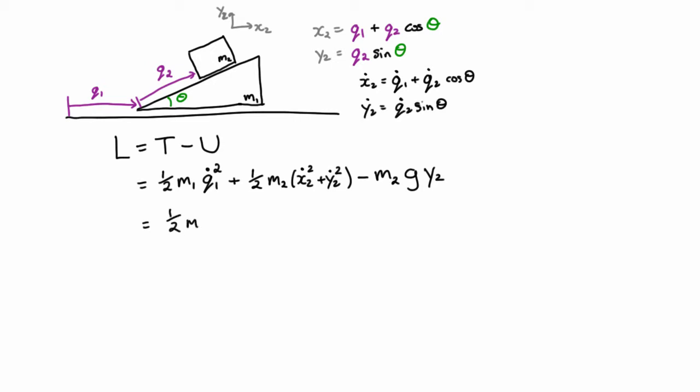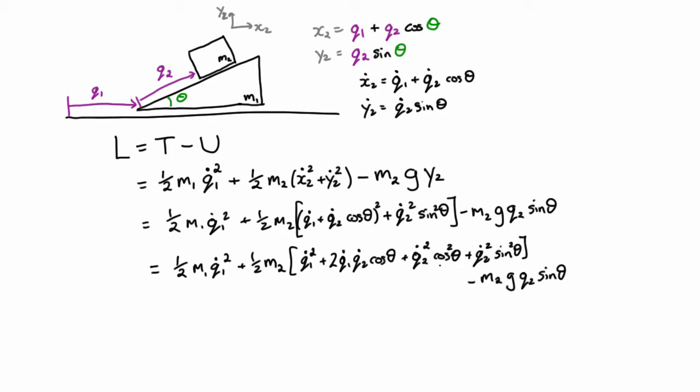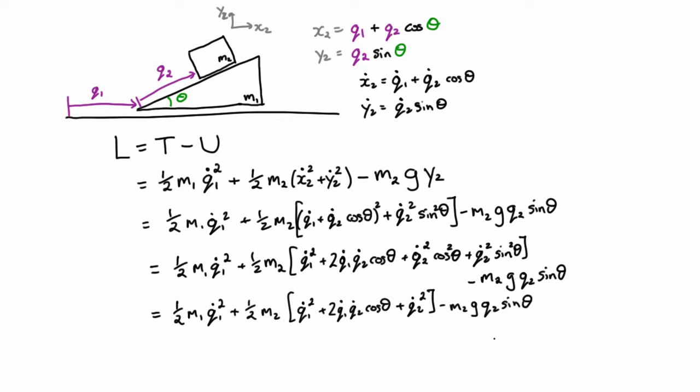So down here I have, and noting we have a cos squared and sine squared term, and cos squared plus sine squared equals 1. We have the Lagrangian. So now that we have the Lagrangian, we effectively have everything we need to calculate how these things behave, and they behave according to the two Euler-Lagrange equations.